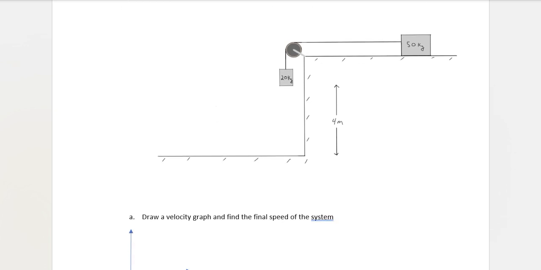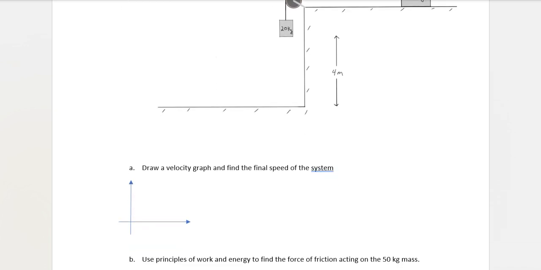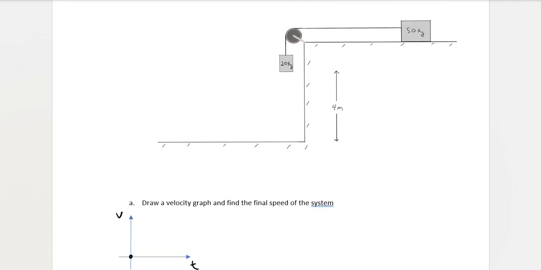Now, let's see here. Part A, draw the velocity graph and find the final velocity of the system. So what you want to do is, again, you're going to do velocity against time, and it starts from rest. So the first point at time equals 0, let's say the v is 0. Then go ahead and put another point on there. Now, I don't remember if we have the time or not. We do, 9 seconds, I guess, yeah. And then the vertical velocity is an unknown.